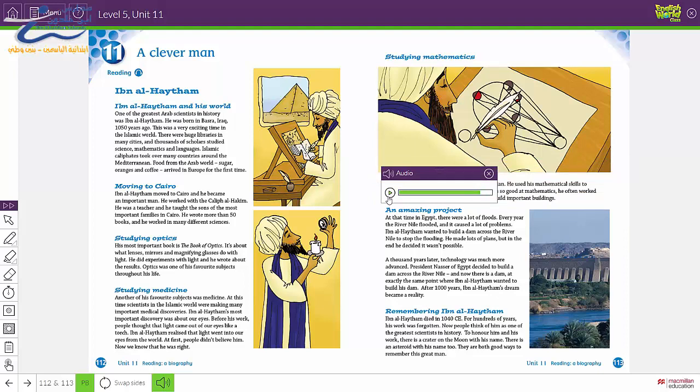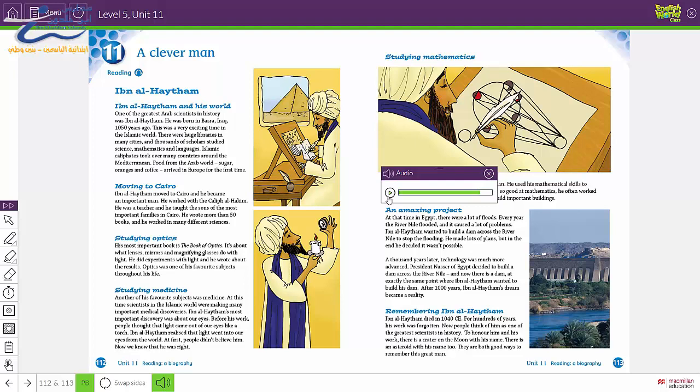Great. Question number 1. What happened to the River Nile every year? Great. It flooded. Question number 2. What did Ibn al-Haytham want to do? Excellent. He wanted to build a dam across the River Nile to stop the flooding.